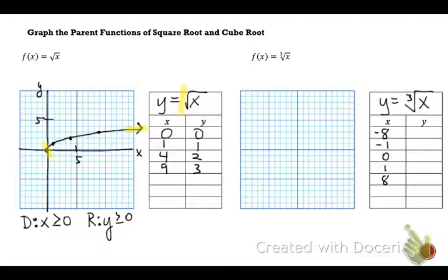And then these values for both of these graphs are ones that we're going to come back to. So the cube root of negative 8 is negative 2. If I multiply negative 2 by itself 3 times, I get negative 8. Cube root of negative 1 is negative 1, 0, cube root of 1 is 1, and the cube root of 8 is 2. So I'm going to put my axis right in the middle.